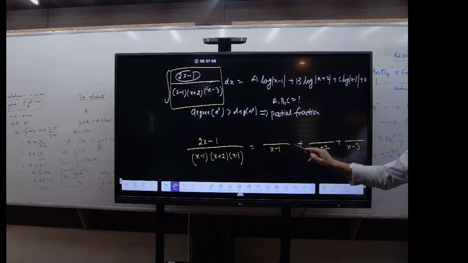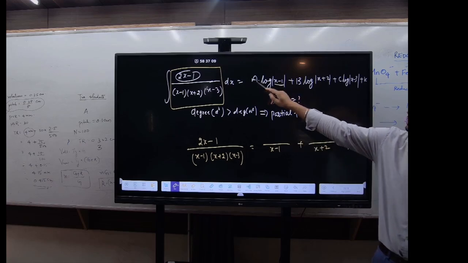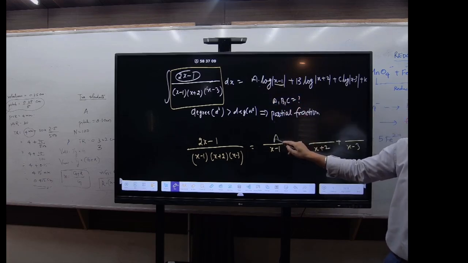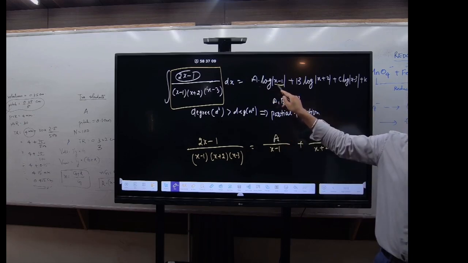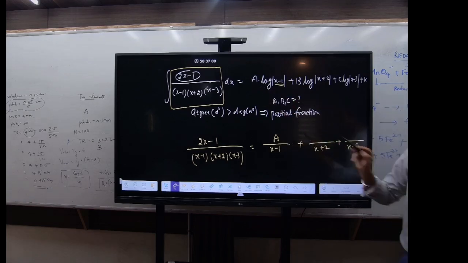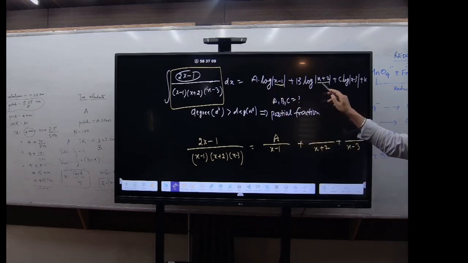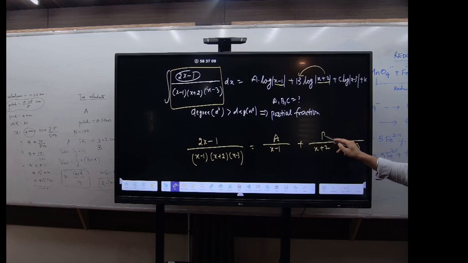Now see, here with log x minus 1, what is the term? A. X minus 1 came with log, na? Just see where is x minus 1. Write that coefficient here. What is here? X plus 2. What is the coefficient of x plus 2? B. And for C, x minus 3, what is there? C. Just write.